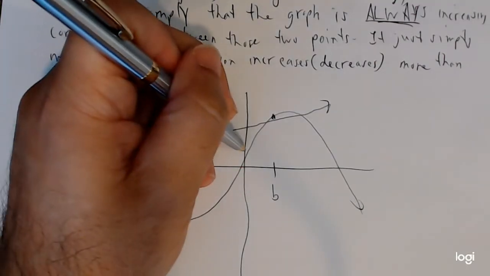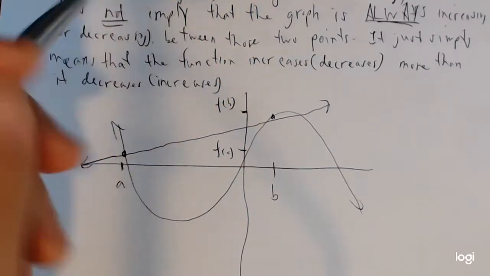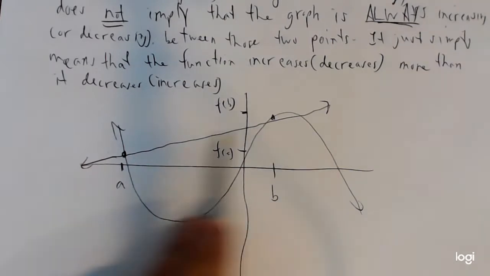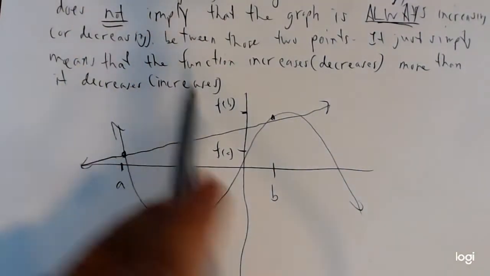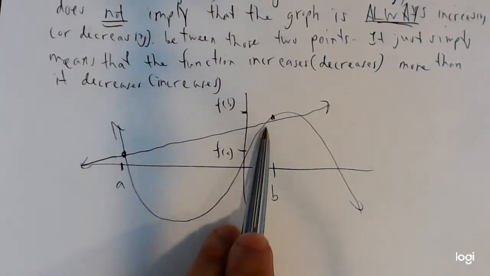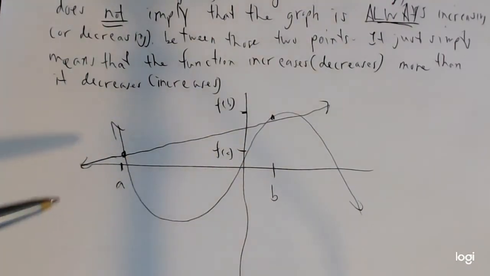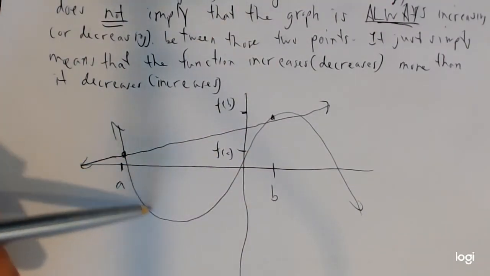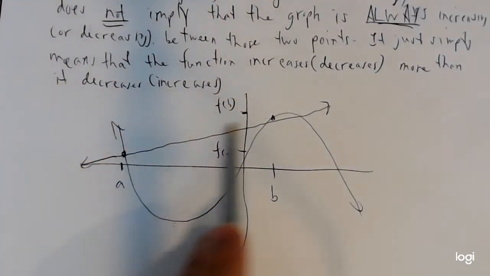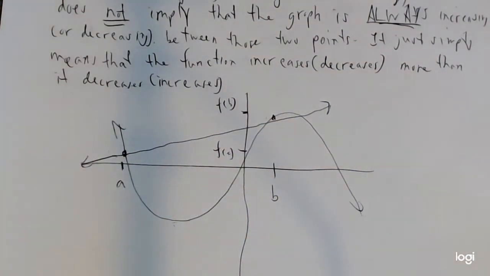So this is f of a, and that's the y value f of b. But what are you noticing here? It's increasing, right? From this point to this point, on average, the function is increasing. But notice how from a to b, the function isn't always increasing. In fact, from here to here, it's decreasing, and then it starts increasing. So how come on average it's increasing? It's because it increases more than it decreases.